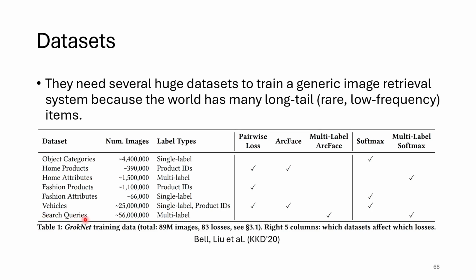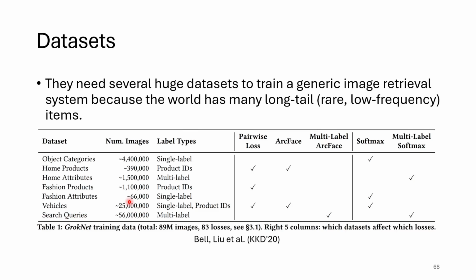Search query means when users use a search engine, even Facebook has its own search engine, they query some image and it shows a list. Which one the users really want depends on which image or link they click. That is the meaning of the search query.